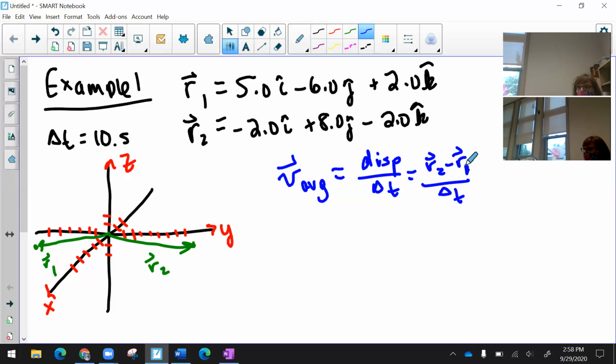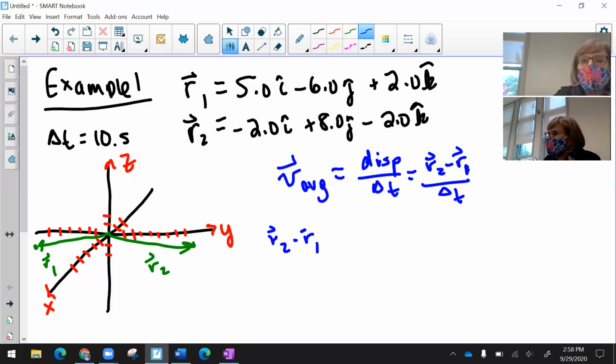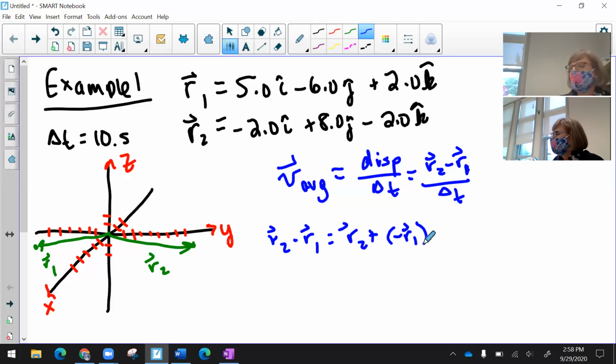And so after last week, you know how to subtract vectors, right? Because subtracting vectors, R2 minus R1 is really R2 plus negative R1, right? And what's negative R1? I flip all the signs, so it's pointing in the opposite direction, and then I add them together.